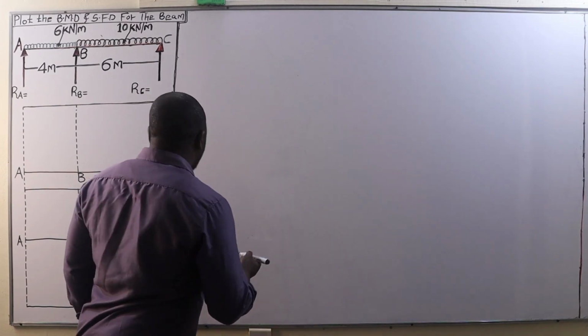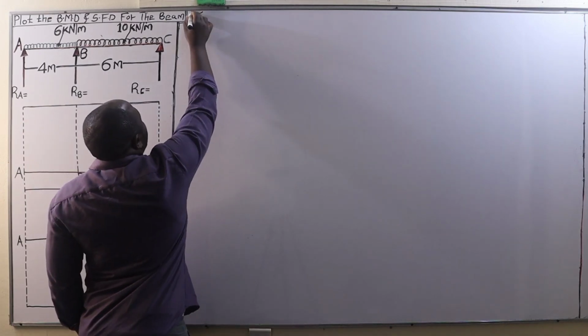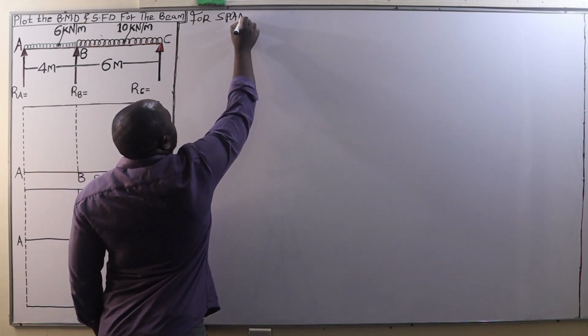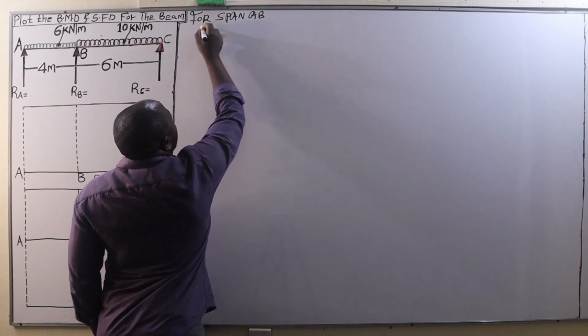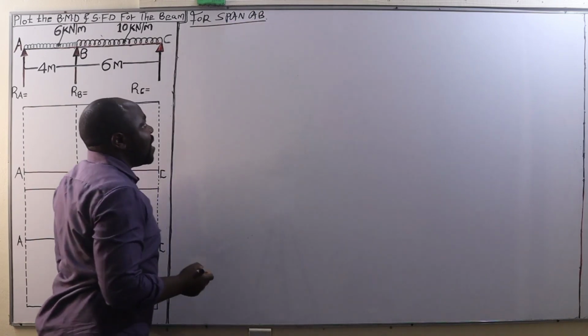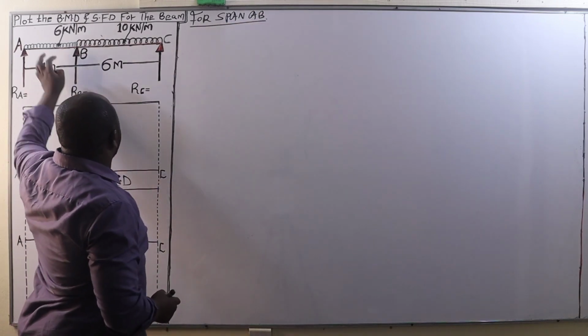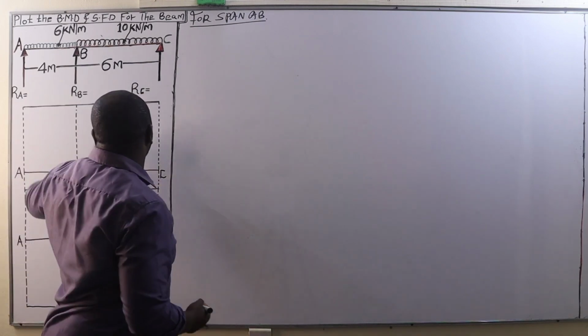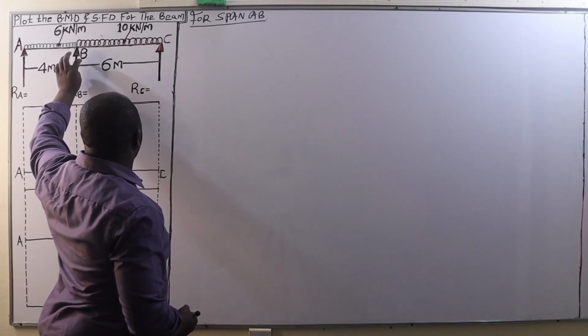We are going to begin with span AB. For span AB, we are going to begin with calculating the maximum bending moments between span AB as well as between span BC.